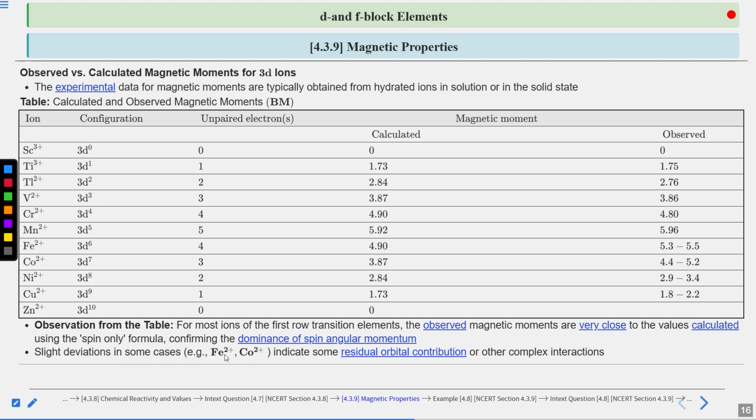Exceptions are iron 2 positive and cobalt 2 positive, where slight deviations are seen, which indicates some residual orbital contribution or other complex interaction. That's why this deviation from the calculated to the observed values came in some exceptional cases.